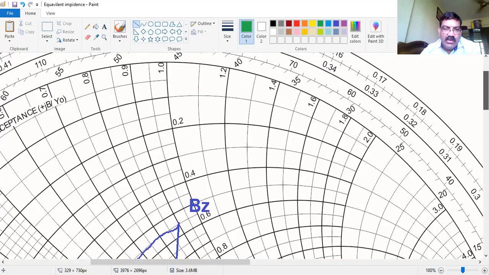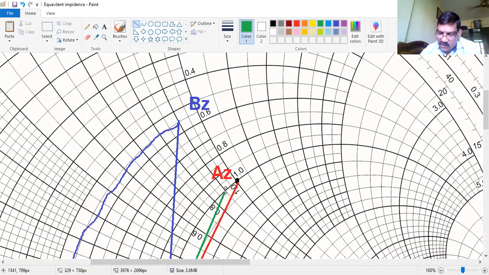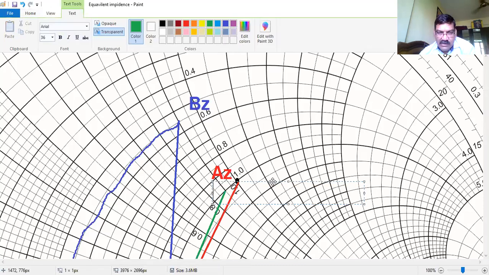So we got 1 plus j0.9 here, and I'll denote this as CY, of green color. Continuity is the most important thing. If you continue with this, then you will understand.